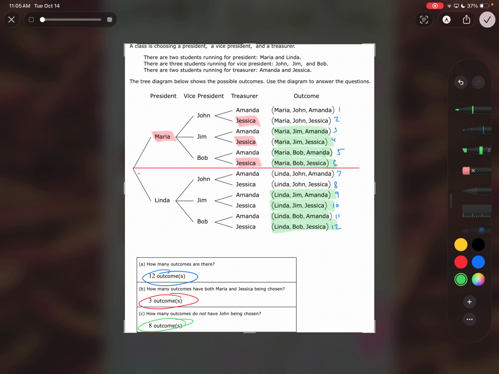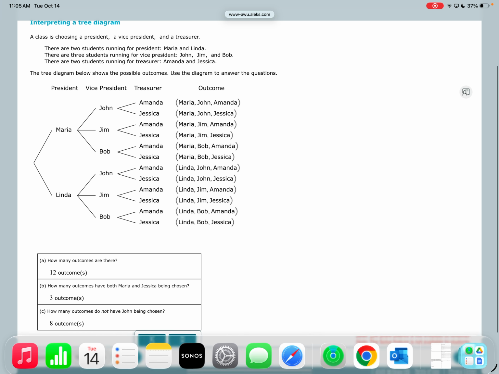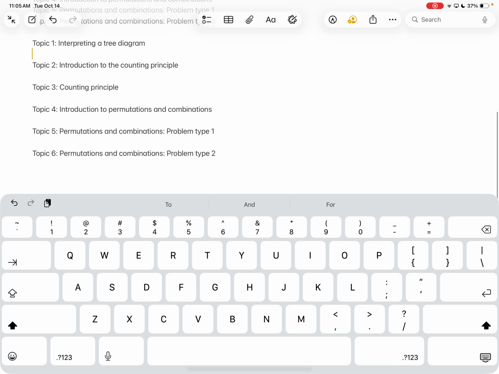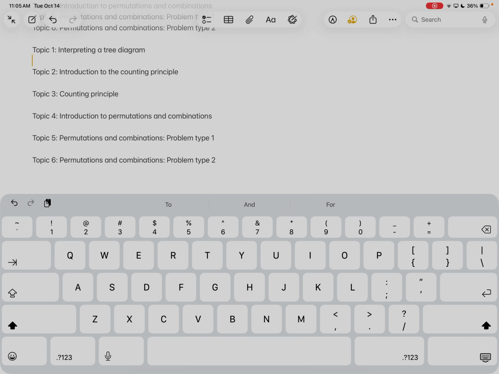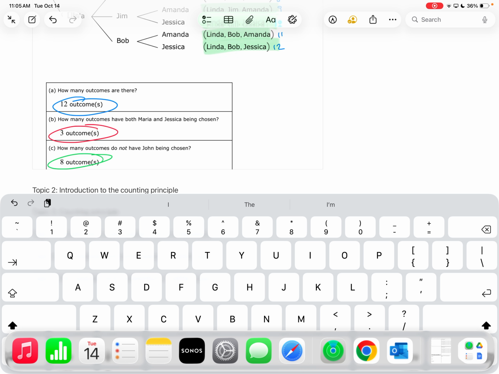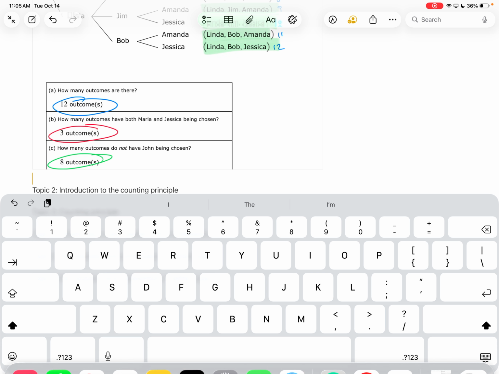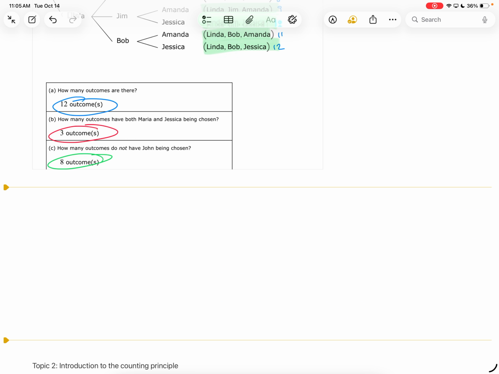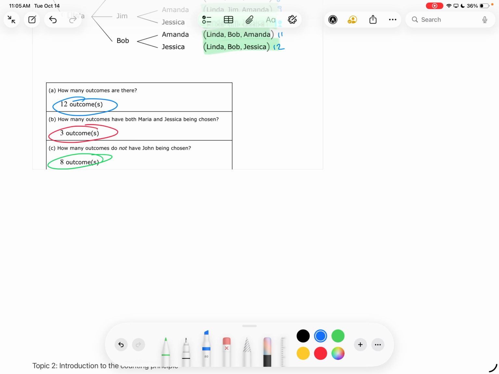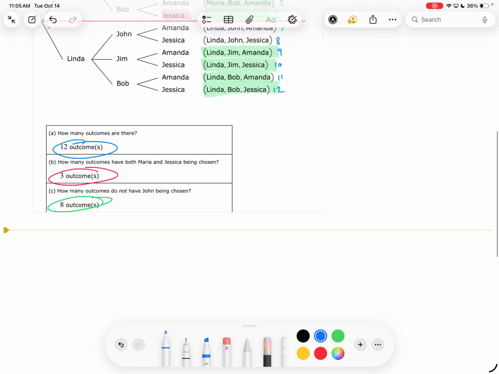So this one gives you the whole list of combinations, but we obviously don't want to have to write out all those every single time. A tree diagram is nice because it shows us all of those, but we don't want to write out all those different combinations every time. So the way we can shortcut this is to figure out how many possible outcomes there are: there's 2 for president, 3 for vice president, and 2 for treasurer.